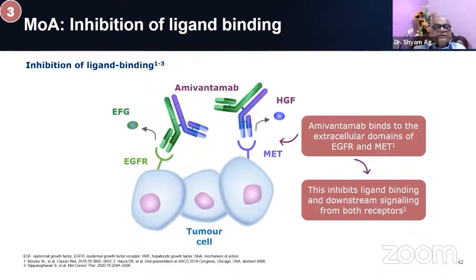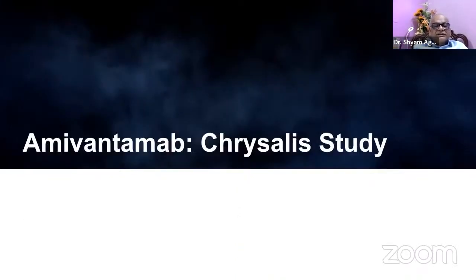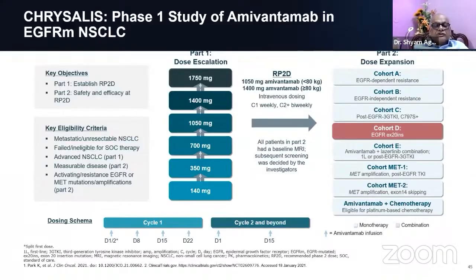Can I have the next slide, please? Okay, so this is another important slide because the drug is relatively new. Can I get the previous slide? Which talks about the dosing? Yeah. So I think you're going to the next slide. So let's focus here on the dosing itself.